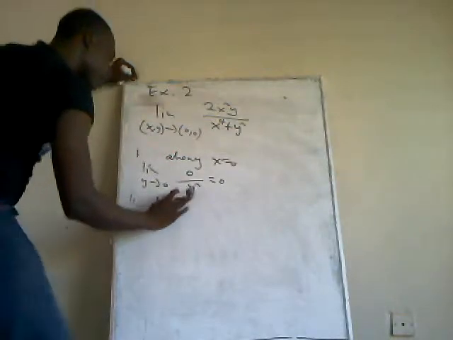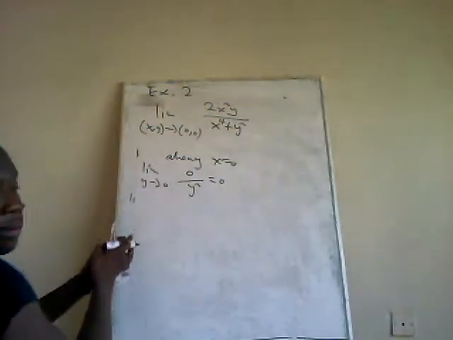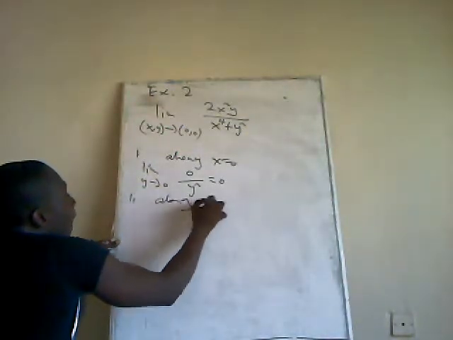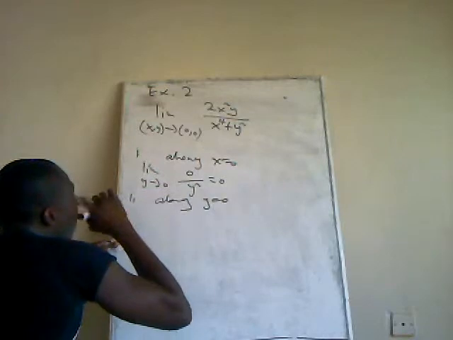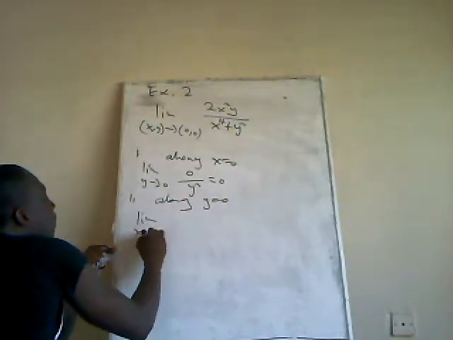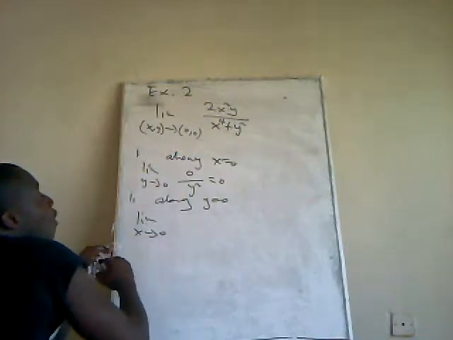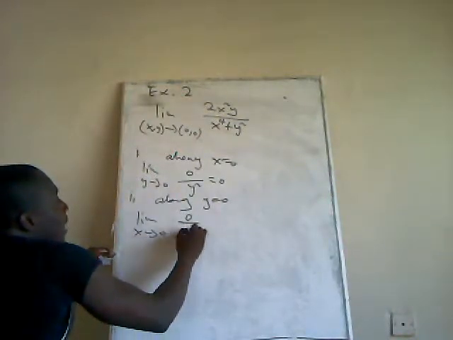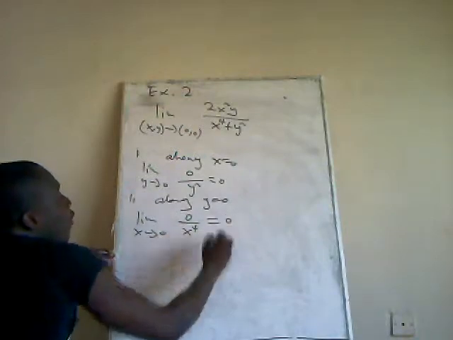Along y is equal to 0, I'm going to have the limit as x approaches 0 of 0 over x to the power 4, which is also equal to 0.